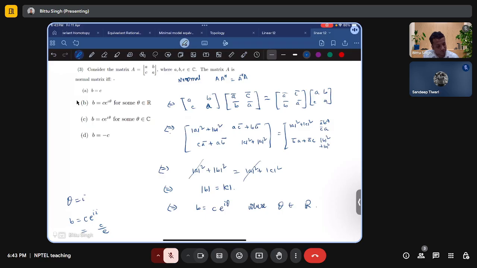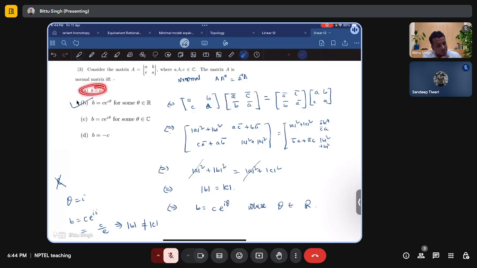So this is not possible, because then mod B and mod C, this will imply mod B not equal to mod C, because mod of e is not 1, it is something greater than 1. So only B is true, because of the if and only if.